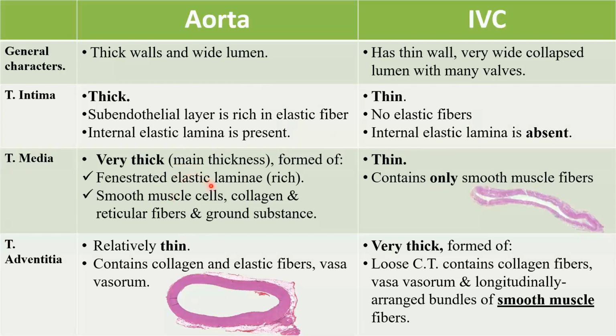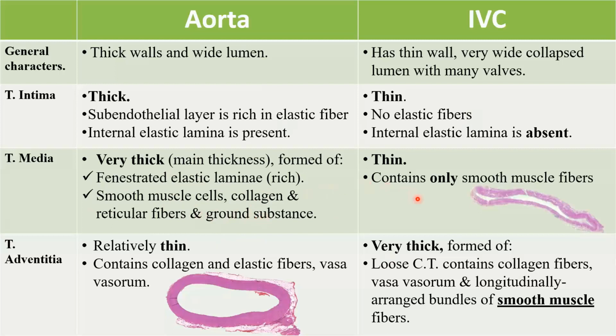Regarding its structure, it is formed of fenestrated elastic laminae, numerous elastic fibers, stretching elastic fibers, together with smooth muscle fibers or smooth muscle cells, collagen fibers, reticular fibers, and ground substance. So these are the components of the media of the aorta, mainly rich in elastic fibers, together with smooth muscle, collagen, reticular, and ground substance.